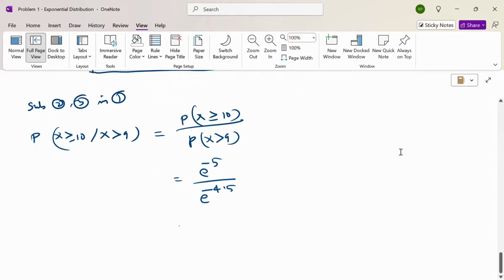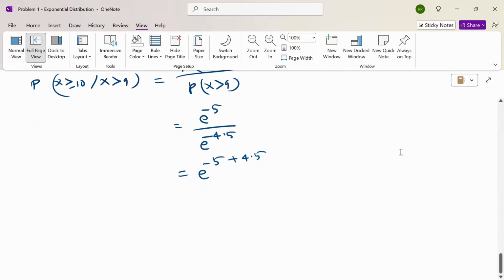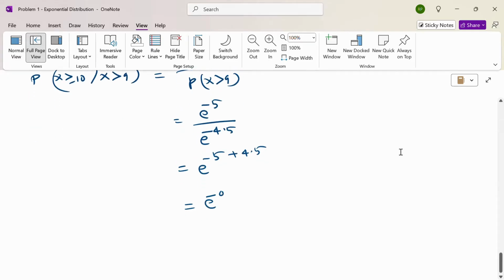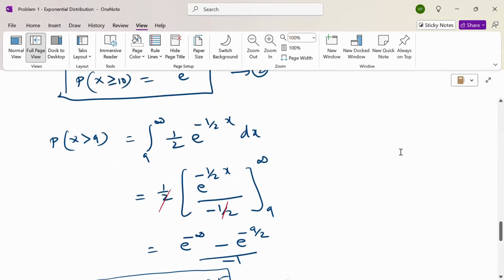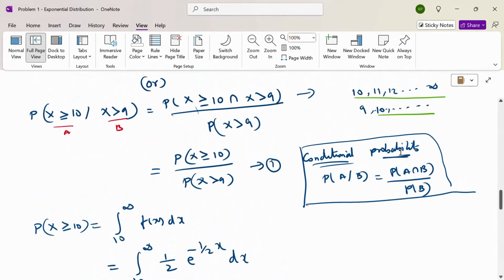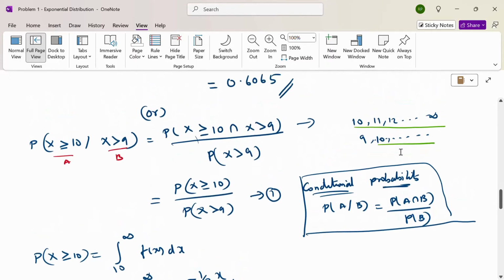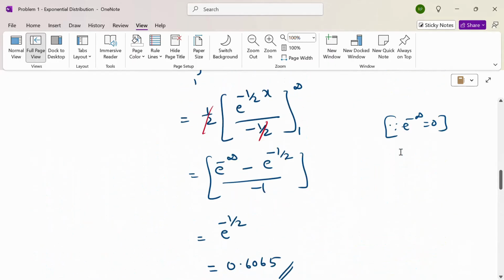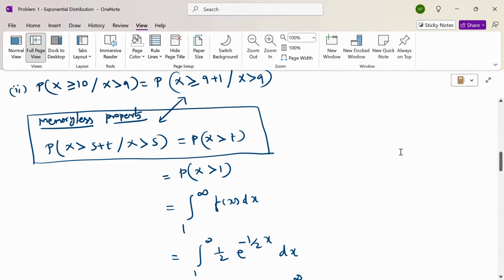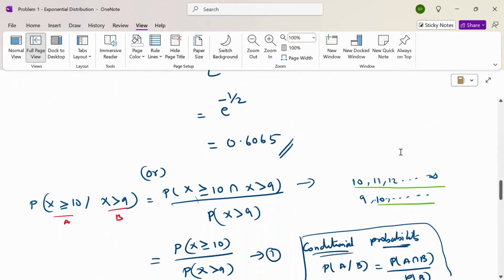Therefore, taking the numerator, minus 5 plus 4.5, the value is e power minus 0.5, which is 0.6065. So this is using the conditional probability form. See, it is a very lengthy process when we apply conditional probability, but if you apply the memoryless property directly, we get the solution in one easy step. Thank you.